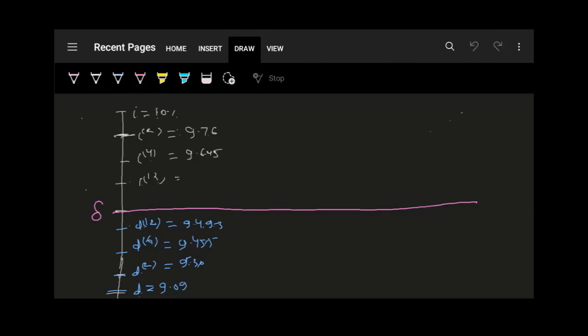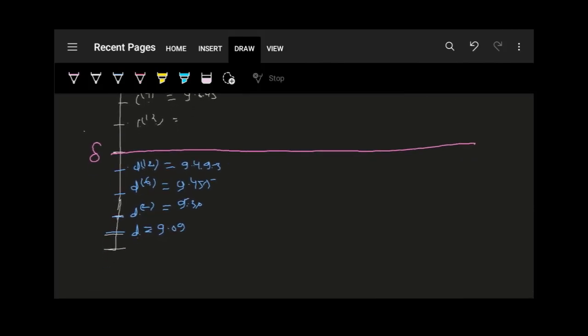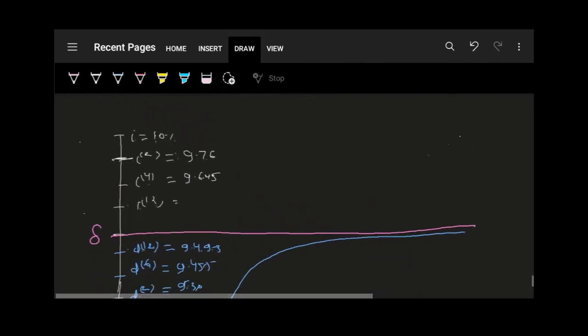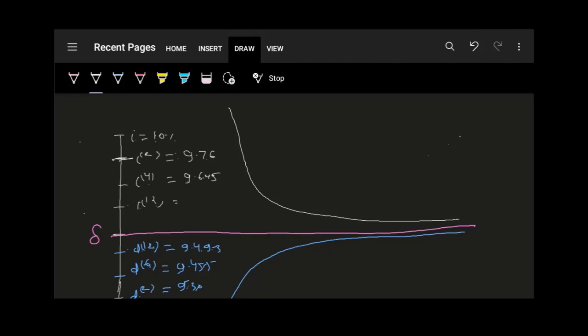So this D will also converge on delta. So the graph of D will look something like this, and the graph of I will look something like this. This is an approximate graph that I have drawn.